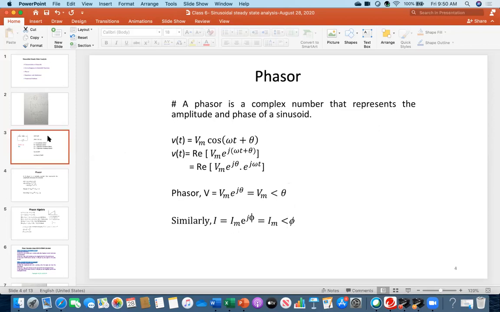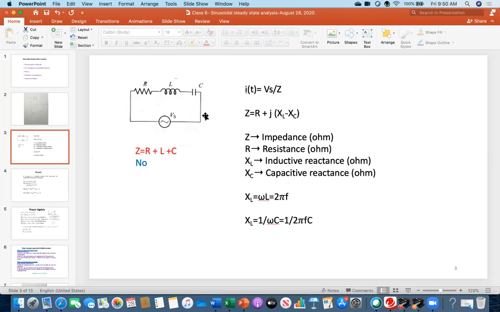So in other words, when I am solving this problem, I want to solve for current. Vs will have an expression like 100 cosine of omega t plus 10. Then I will convert that expression into phasor form. Similarly, you see in the denominator, as I said, this is the combined impact of this one, which I am calling impedance.